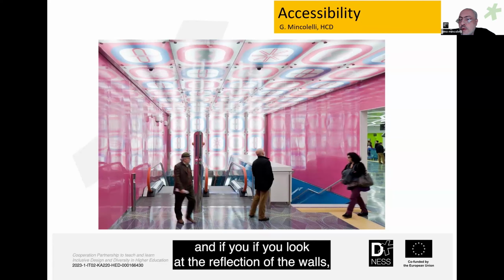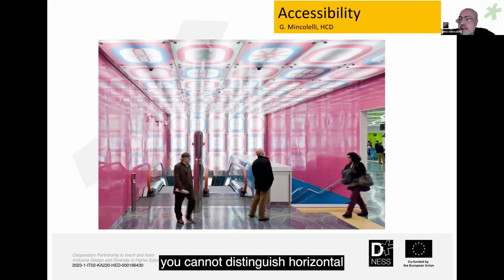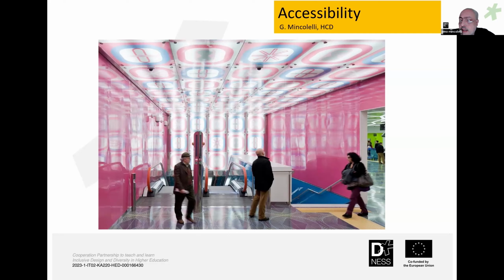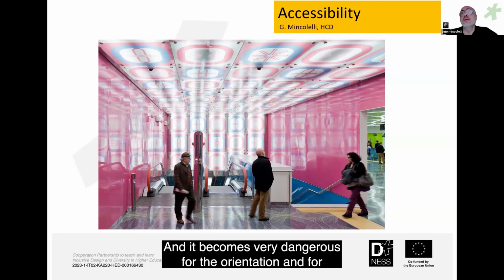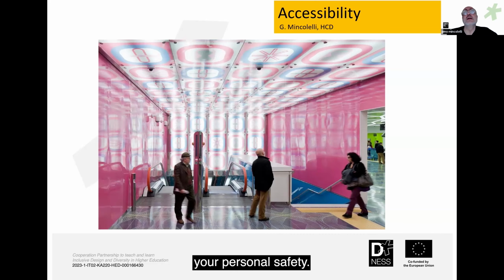And if you look at the reflection of the walls, you cannot distinguish horizontal and vertical walls, surfaces. And it becomes very dangerous for the orientation and for your personal safety.